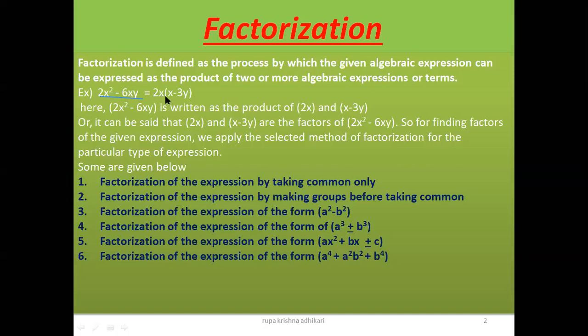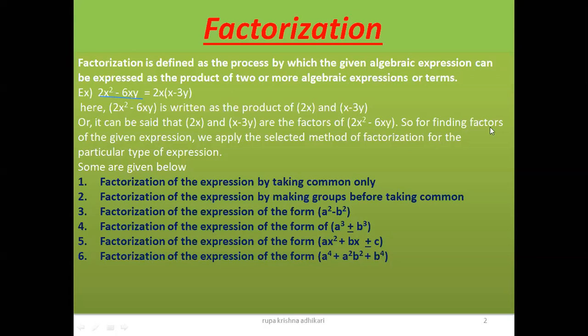Now what is left behind? 2x squared: 2x into x is left, minus 3y. So 2x and x minus 3y are the factors of the algebraic expression 2x squared minus 6xy. Or it can be said that they are the factors of this term.